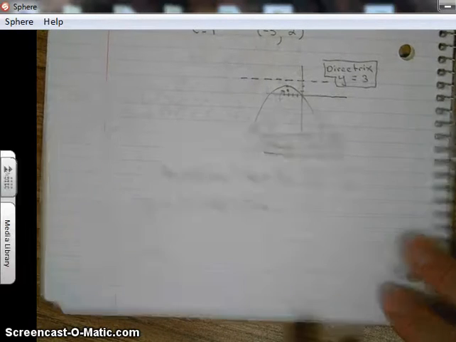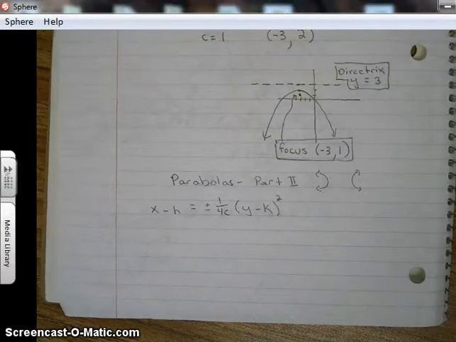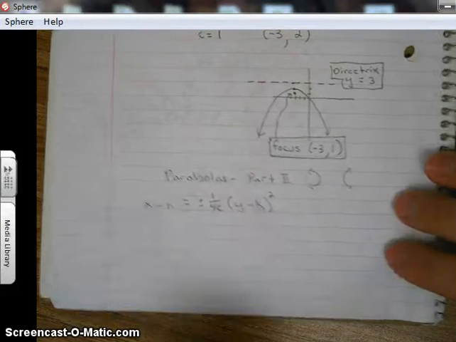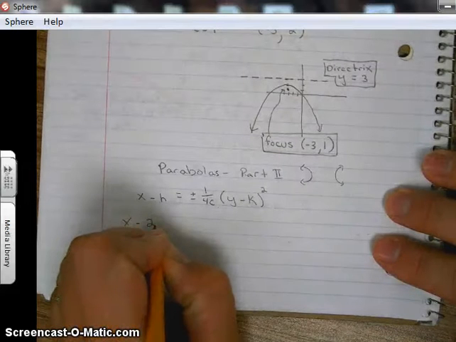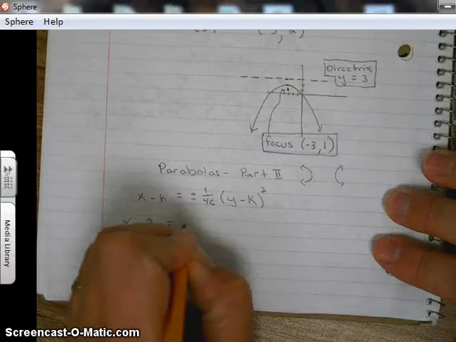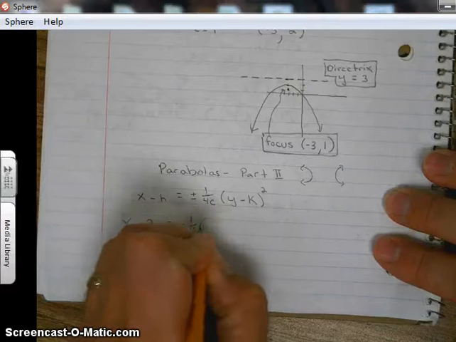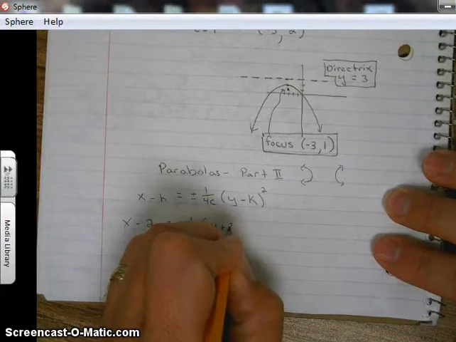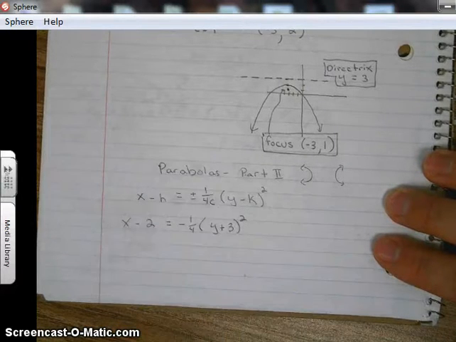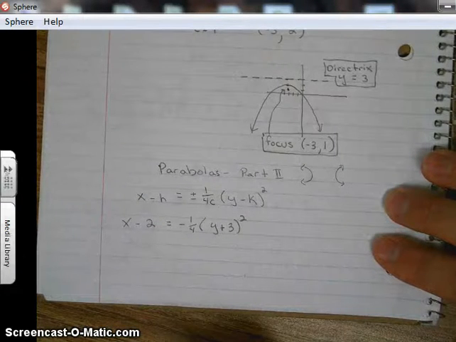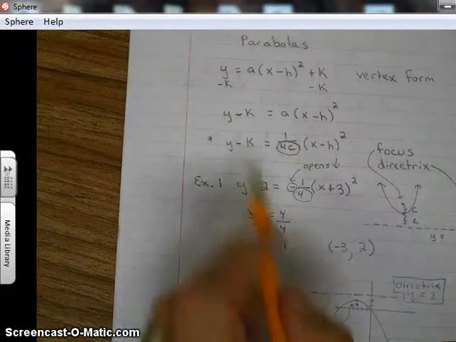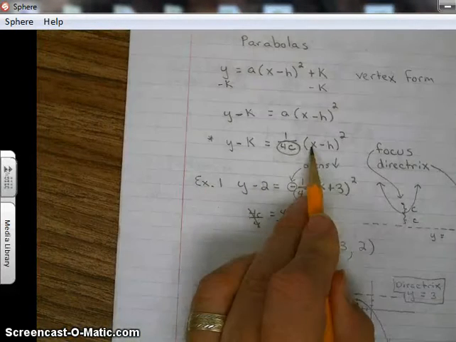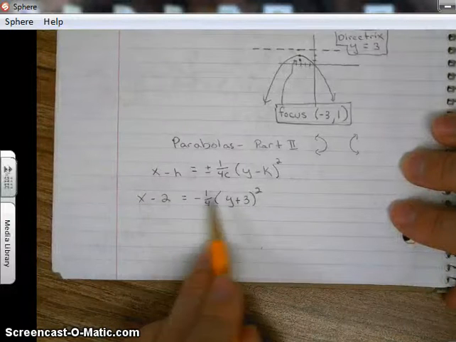Okay, and let's look at an example. We have x minus 2 equals negative 1/4 times y plus 3 squared. First of all, notice that the y and the x are flipped.